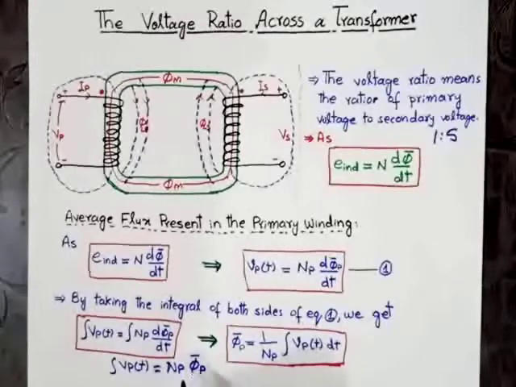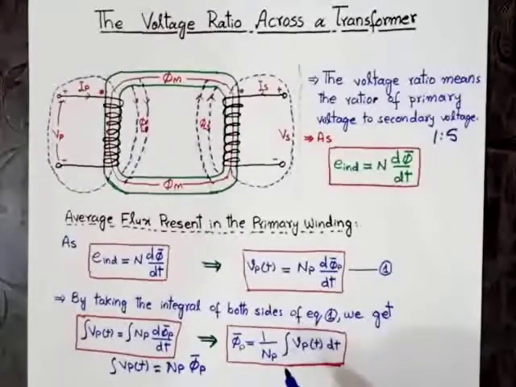If we take Np to the other side, then Np will divide, and the formula of the average flux of the transformer is phi dash p is equal to 1 over Np integral of Vp(t) dt.